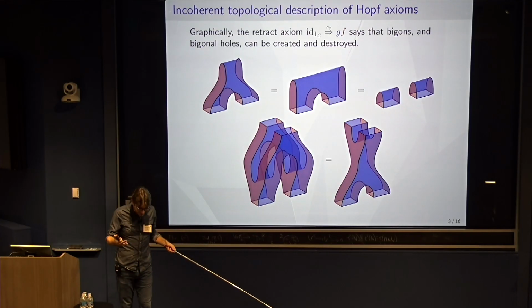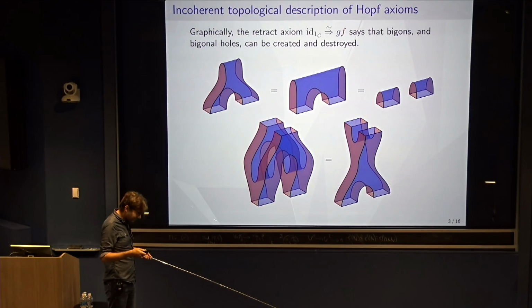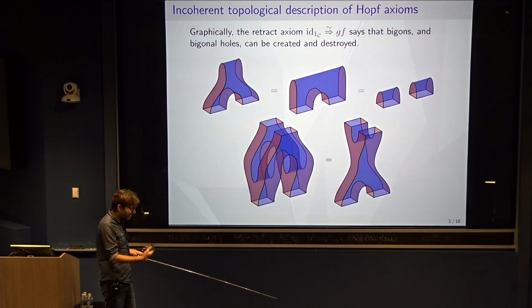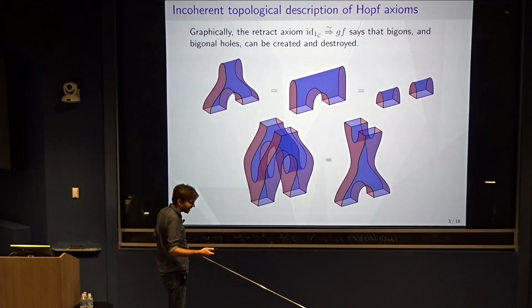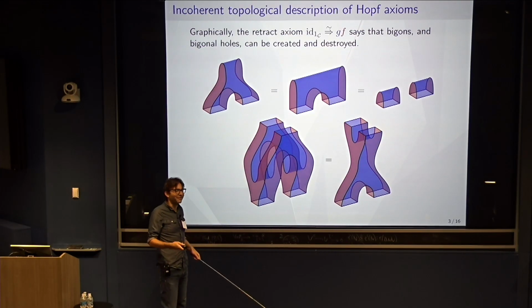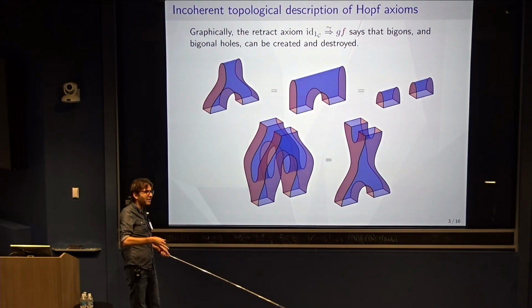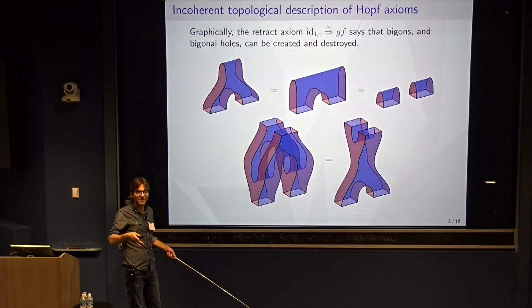And the reason I mention this is just a fun game if you're bored and want to play. One way to say what a bialgebra is, is to say that it's a coalgebra in the category of algebras. And another way to say it's an algebra in the category of coalgebras. So you could take the talk I gave you so far, and instead of talking about monad, you could talk about comonad.